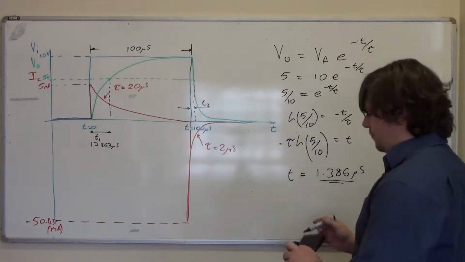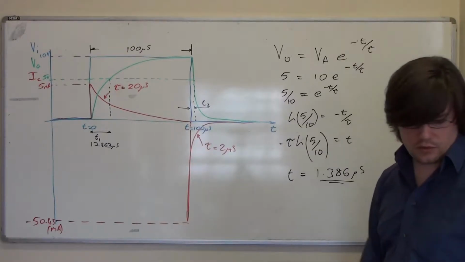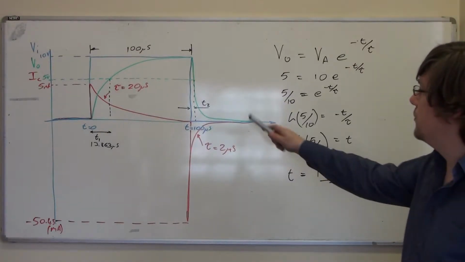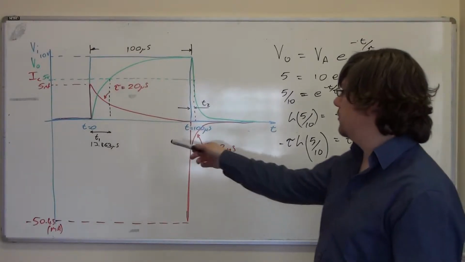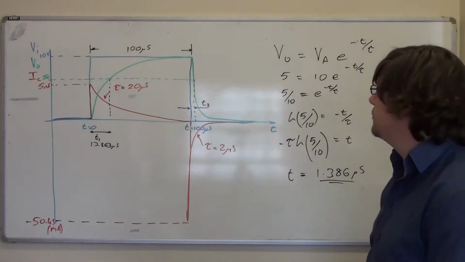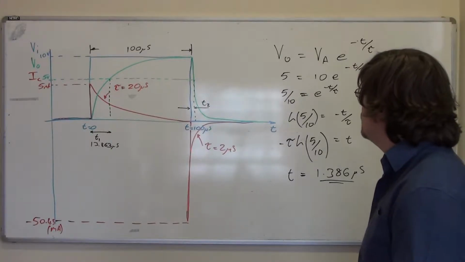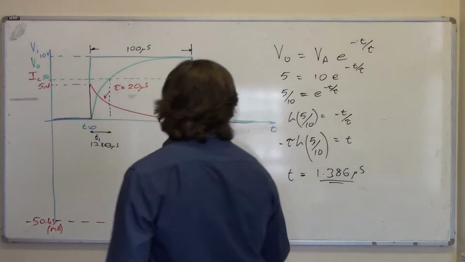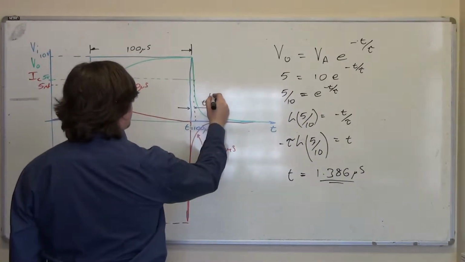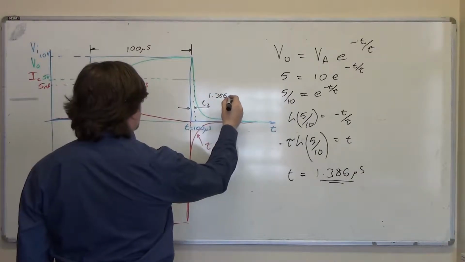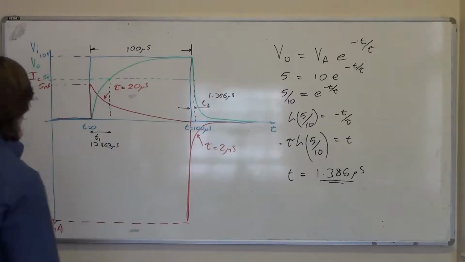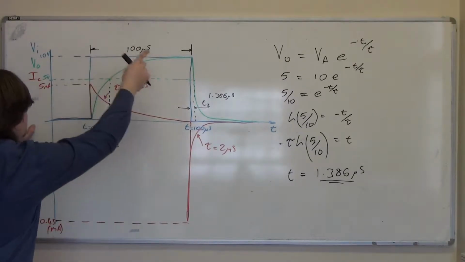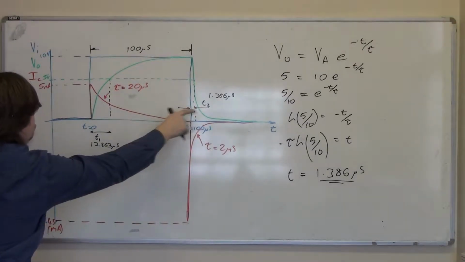microseconds. Now, that shouldn't be at all surprising, because we divided the time constant by 10, and we've got the time gone down by the same order. So we've got 1.386 here. So the length of our output pulse width is going to be 100 plus T2 minus T1.